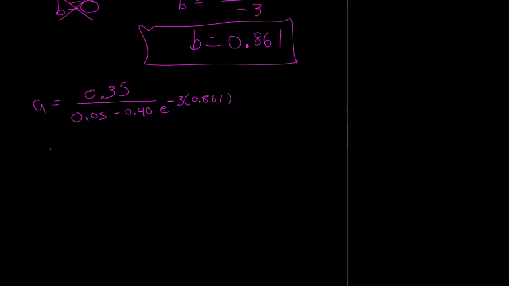Well, this is a calculator game, right? So let's just use my parentheses correctly on my calculator. 0.35 divided by parentheses 0.05 minus 0.40 times e, so that's second ln, -3 times 0.861 parentheses.